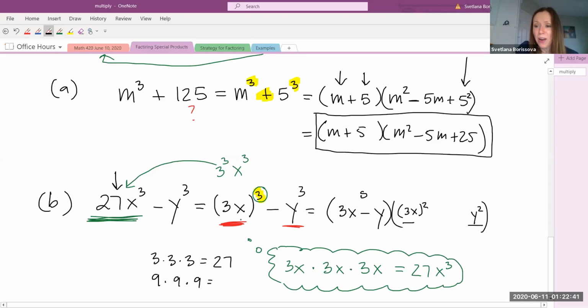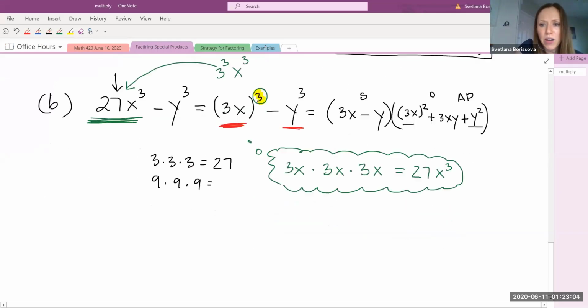Right in the middle, we have the product of 3x and y. Now let's figure out the signs. The first sign is opposite of the original sign, so it has to be plus. And the second one is always positive, so plus and plus.